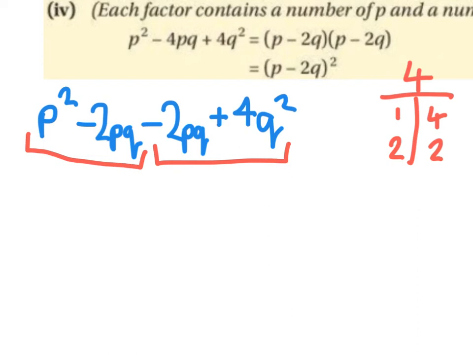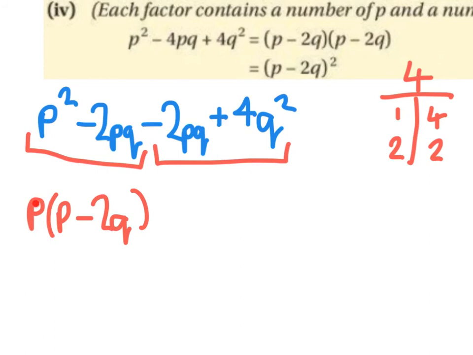So if I have a look at the p squared and the minus 2pq, I know that p will divide into both of them, so p is going to go outside my bracket. p into p squared goes p, and p into minus 2pq goes minus 2q.